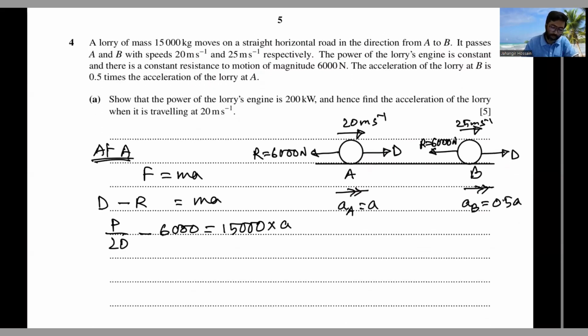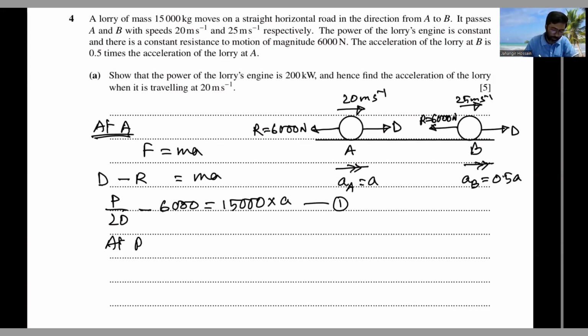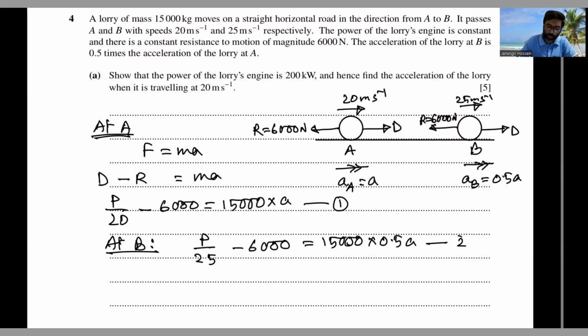That's equation 1. At B, the equation will be the same, D minus R equal to ma. D is P by 25 minus 6,000 equal to 15,000 into 0.5a. So that's equation number 2.